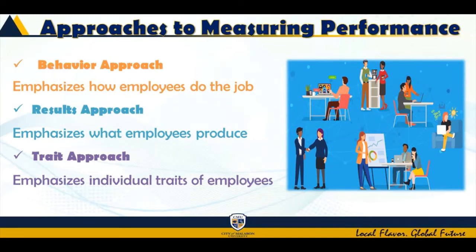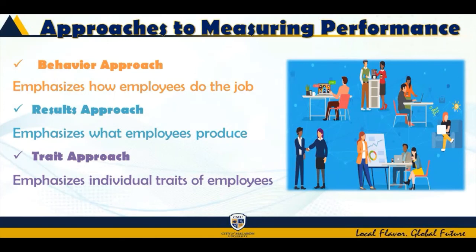Another circumstance is when the results show consistent improvement over time. When results improve consistently over time, it is an indication that workers are aware of the behaviors needed to complete the job successfully. In this situation, it is appropriate to adopt a result approach to assessing performance.